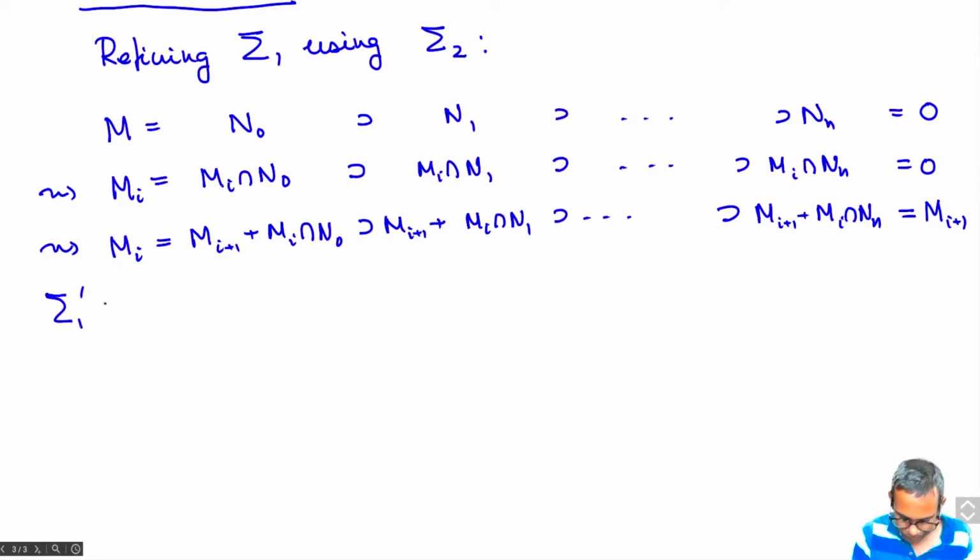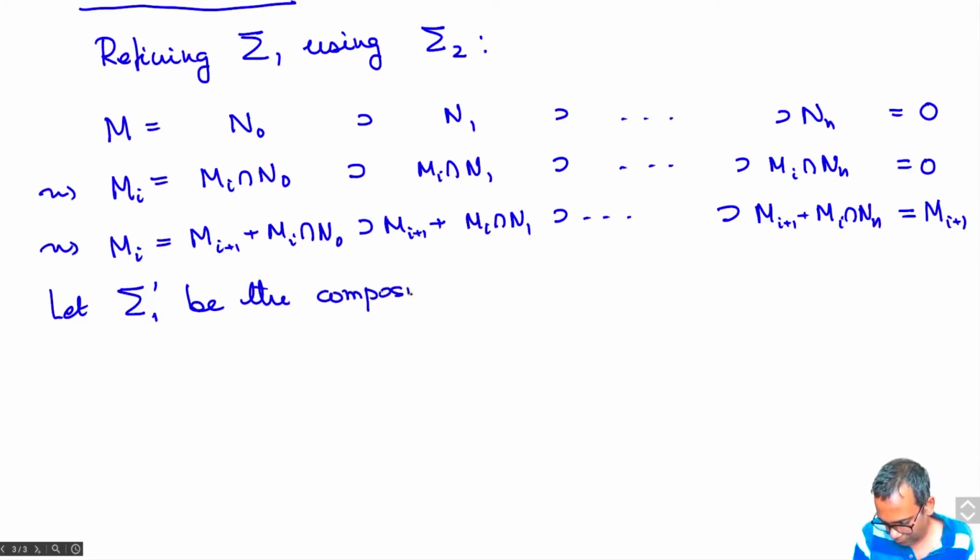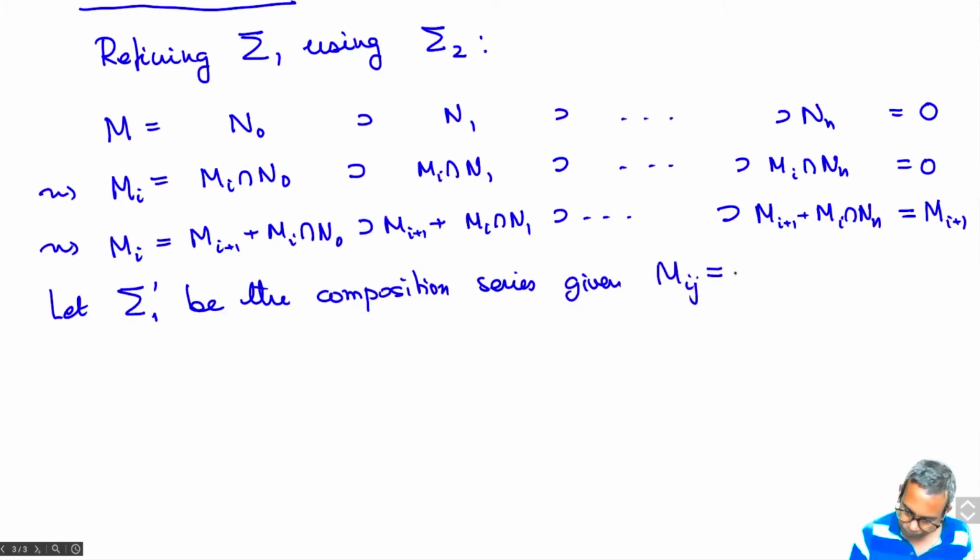So let sigma 1 prime be the composition series given by Mij equal to Mi+1 + Mi ∩ Nj.